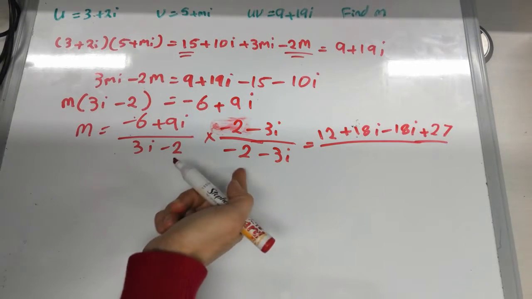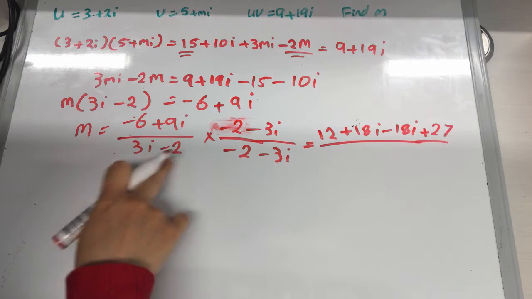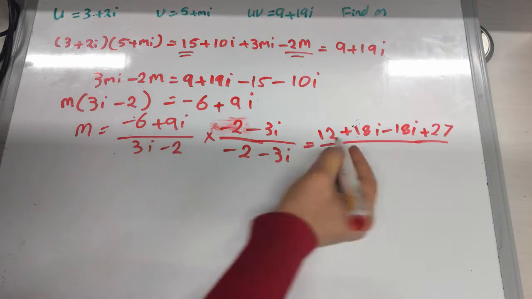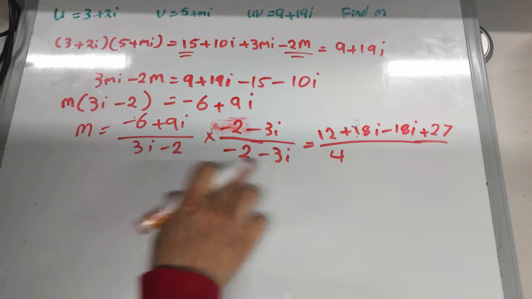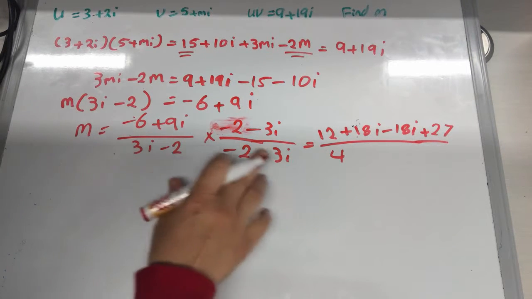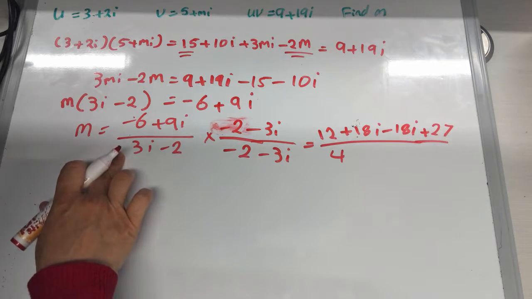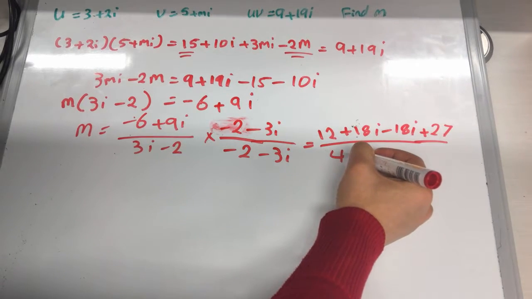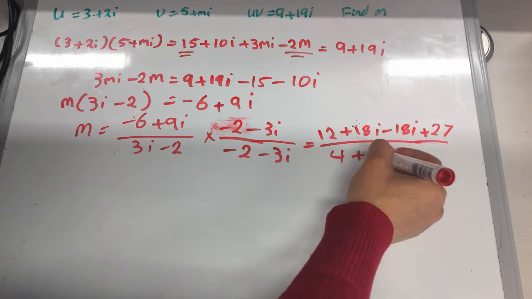And on the bottom part, when we multiply by the conjugate, we square the real part, which is 4, and then for the imaginary part, i times i is negative, and we already have positive times negative, that's another negative, that's why it's plus 9.